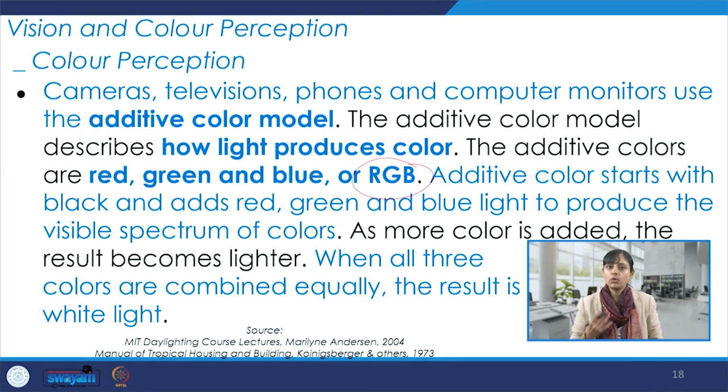The additive color model describes how light produces color. The additive colors are red, green, and blue, or RGB. The additive color starts with black and adds red, green, and blue light to produce the visible spectrum of colors. As more color is added, the result becomes lighter. When all three colors are combined equally, the result is white light.